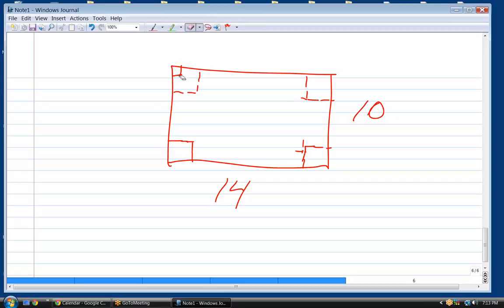If I make the squares too big, in other words, if I make the square this big, I won't even have a box because I won't even have any flaps to open up. So too big of squares won't create a lot of volume, and too small squares won't create a big volume box. So we got to have just the right size. And that's why it's a math problem.